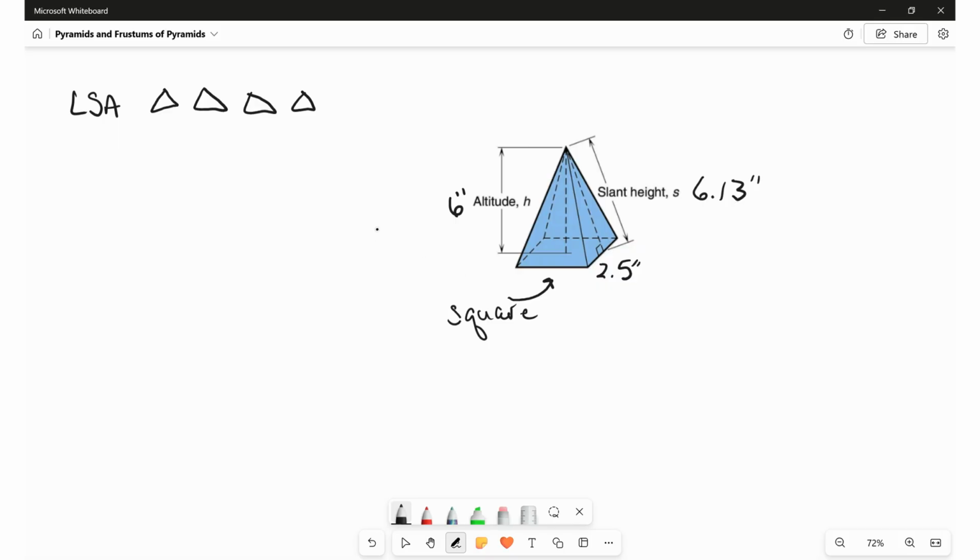Well, in the text, it tells us that to find the lateral surface area, we can use the formula 1/2 PS, where P is the perimeter and S is the slant height.